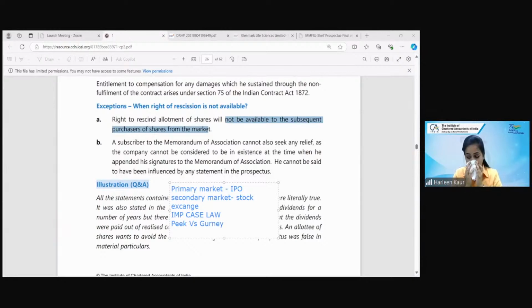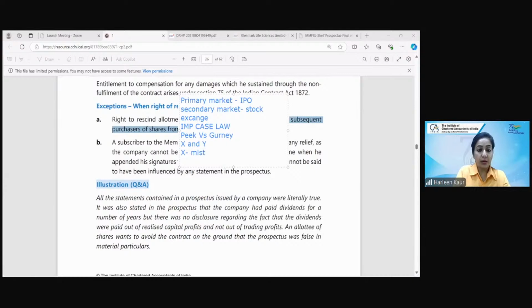There were two investors, X and Y. There was Mr. X and there was Mr. Y. X already knew about the misstatement in the prospectus. The company came up with an IPO and there was a misstatement in the prospectus and X knew about the misstatement. So X knew about the misstatement, therefore he did not buy the shares.